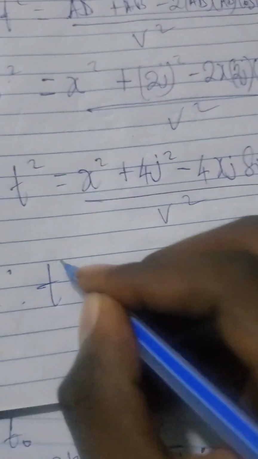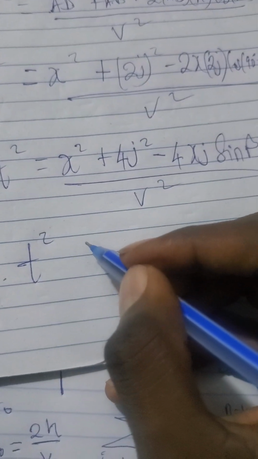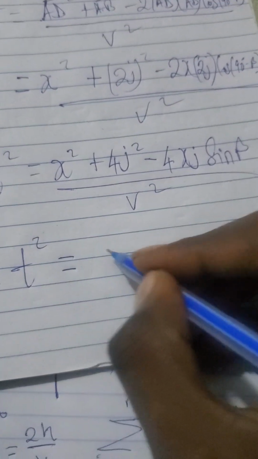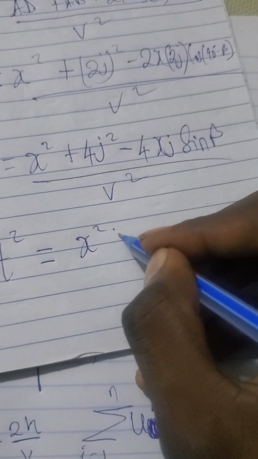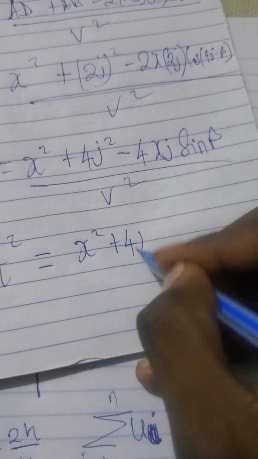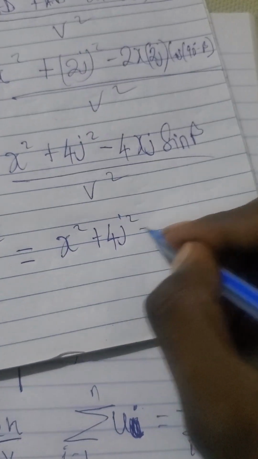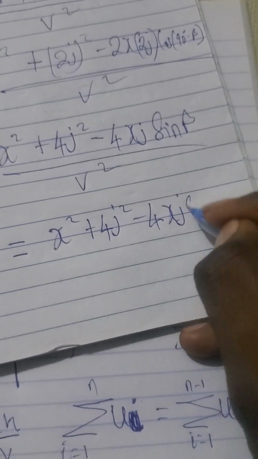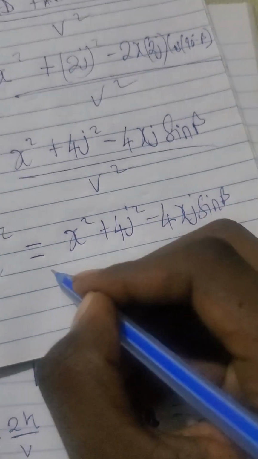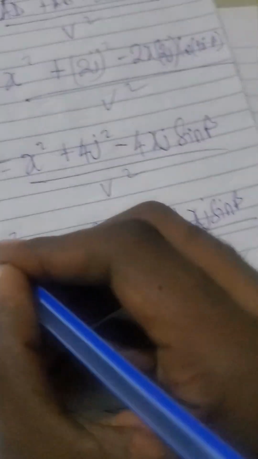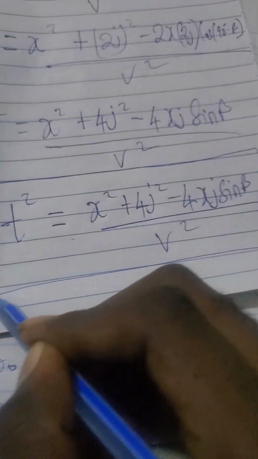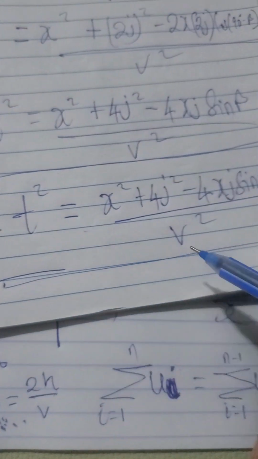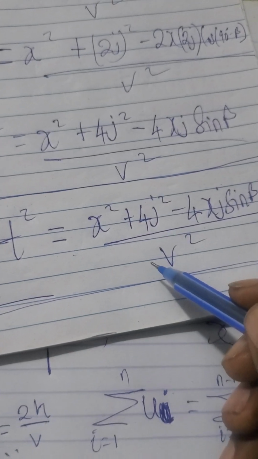Therefore the travel time equation for the dipping layer is T squared equals x squared plus 4j squared minus 4xj sine of beta, over v squared. This is the equation that describes the travel time for the dipping layer.